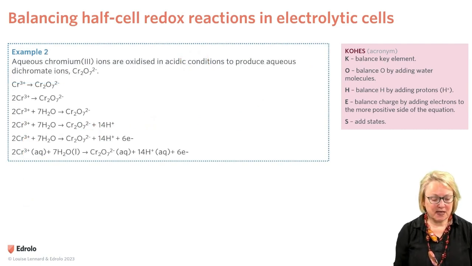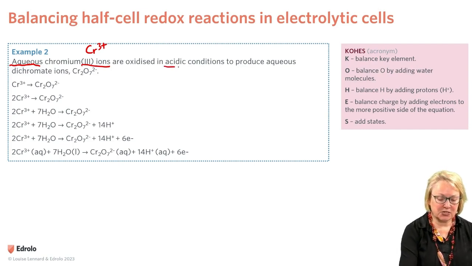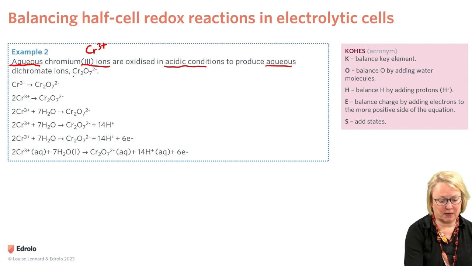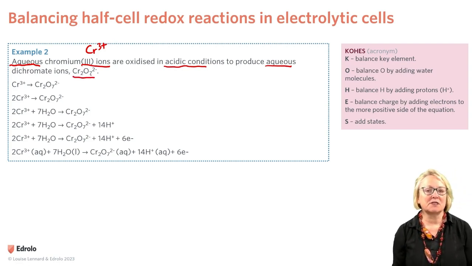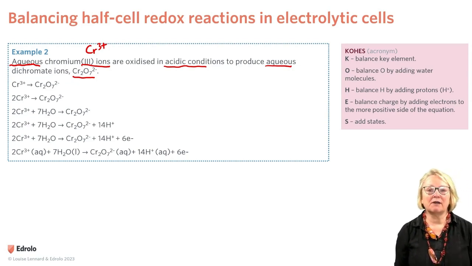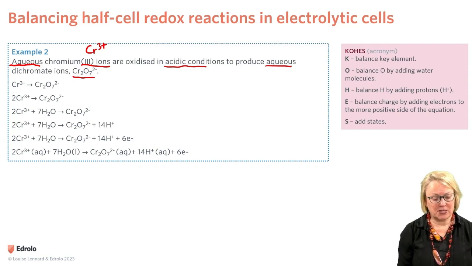And the second example, if we have aqueous chromium-3 ions that are oxidized in acidic conditions to produce aqueous dichromate ions, Cr2O7 2-. So we'll start off by writing our conjugate redox pair on either sides of the equation.